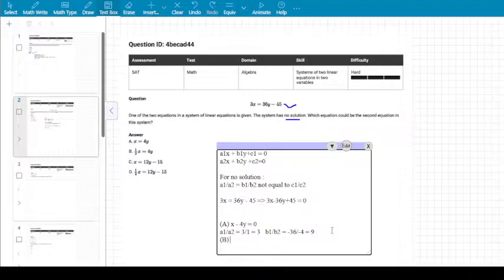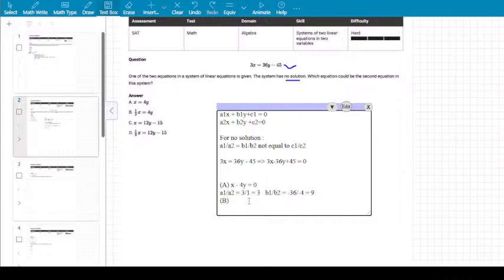B, and here again we check the respective coefficients one by one to find out the ratio. So let us do that. Here we'll write the same thing. We have 1 by 3x equal to 4y. So we can write it as 1 by 3x minus 4y equal to 0.